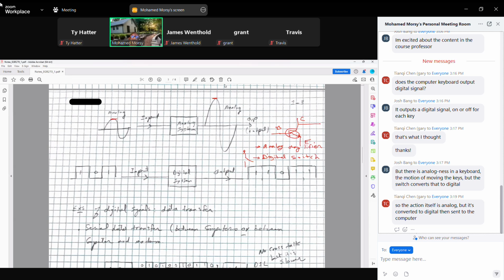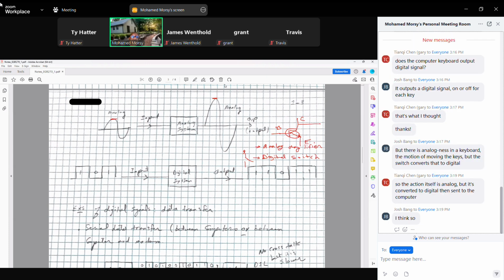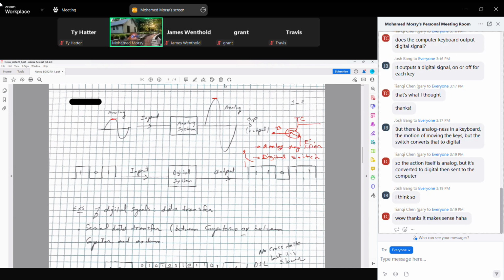It depends on the biasing system of the transistor. Like in digital, you put VCC here, and you put a certain input here representing logic high. So based on the biasing system for the transistor, according to the design of the system, this transistor works as an amplifier in analog or as a switch in digital.